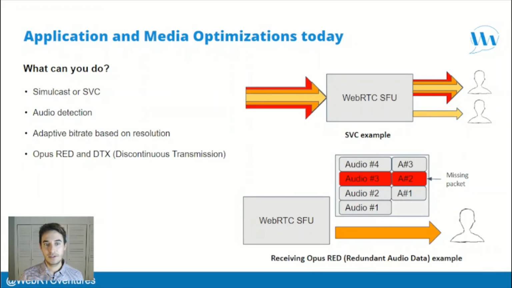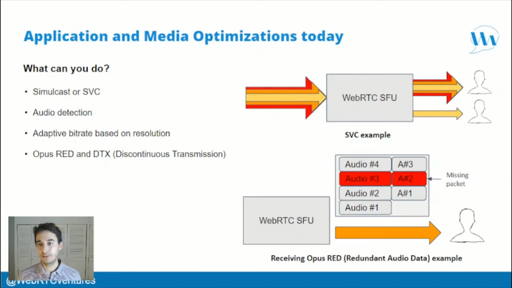Another interesting one is the Opus RED and DTX techniques. Here I explain a little bit how Opus RED, redundant audio data, works, and it makes sure that by sending more audio, we achieve better quality.